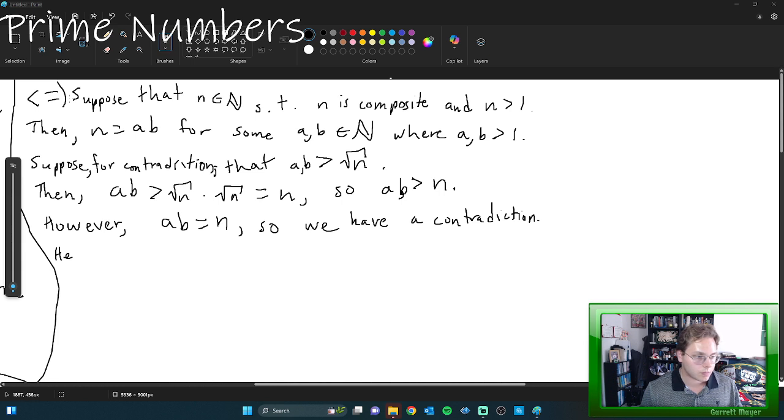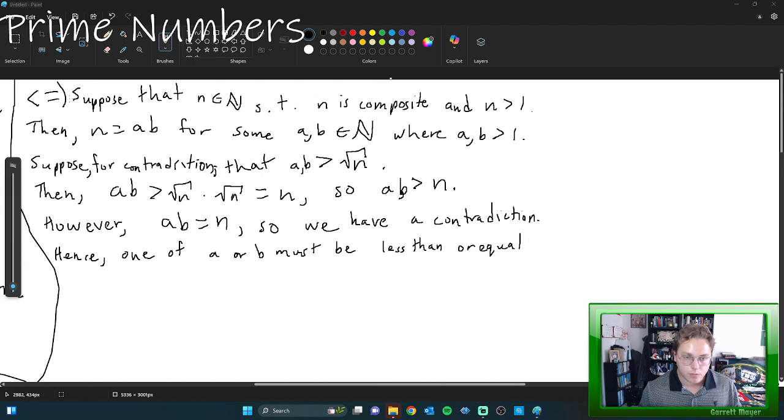Hence, one of a or b must be less than or equal to the square root of n.